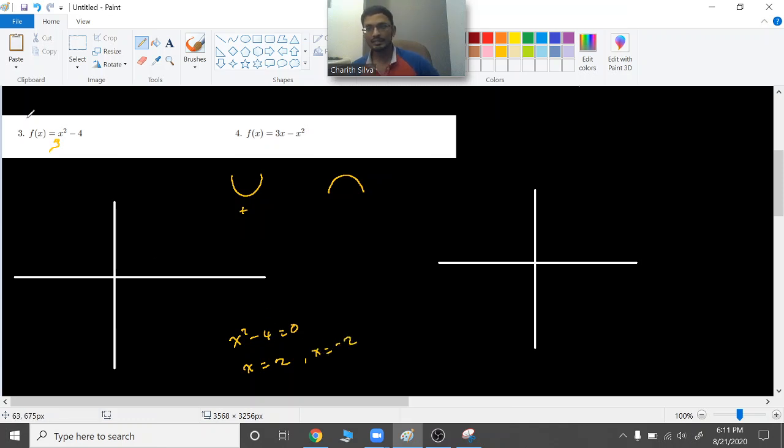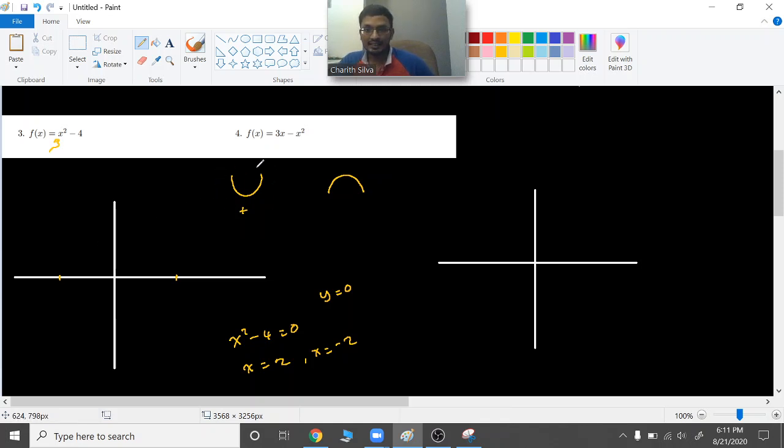That means the graph should be equal to 0 at these 2 points. In other words, the graph should have a y value equal to 0 at both x equals 2 as well as at x equals negative 2.